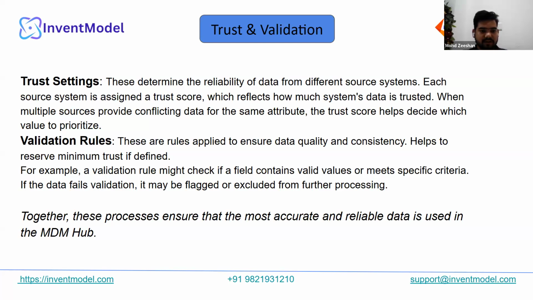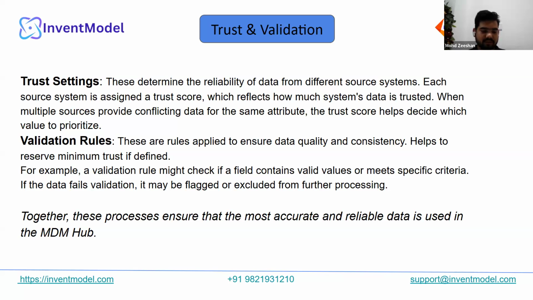And then we have the validation rules. These rules are applied to ensure data quality and consistency, and they help to preserve minimum trust if defined. For example, a validation rule might check if a field contains a valid value or meets specific criteria. If the data fails validation, it may be flagged or excluded from further processing.